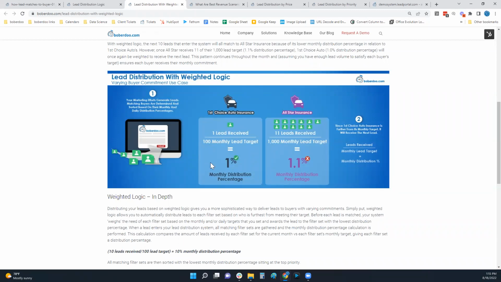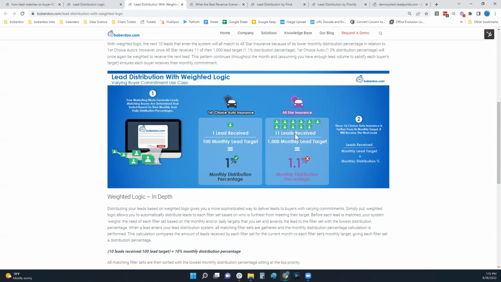Now we look at the third lead that comes in. First choice distribution percentage is now 1%. All-Star is less than 1%. So the lead then goes to All-Star. Fourth lead, same calculation. All-Star is still at a lower distribution percentage. So again, the lead goes to All-Star.